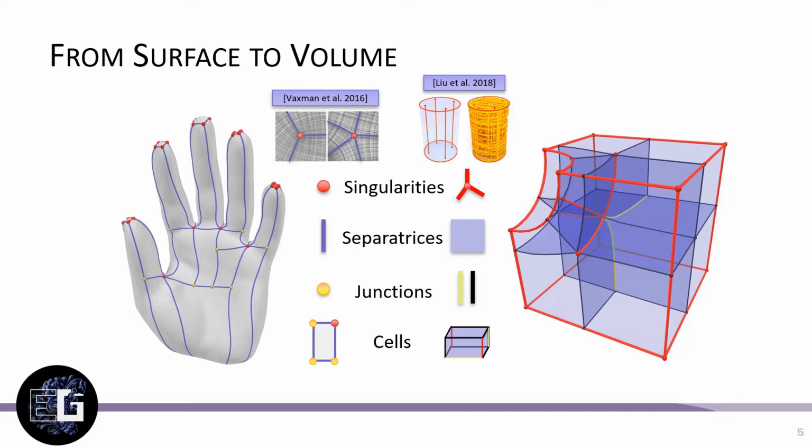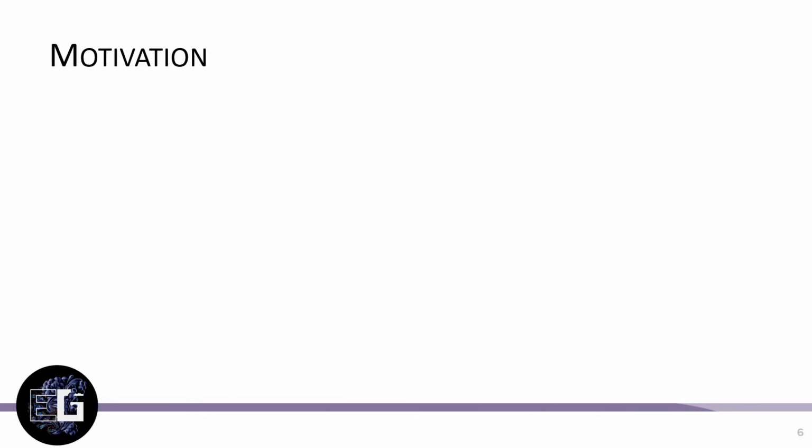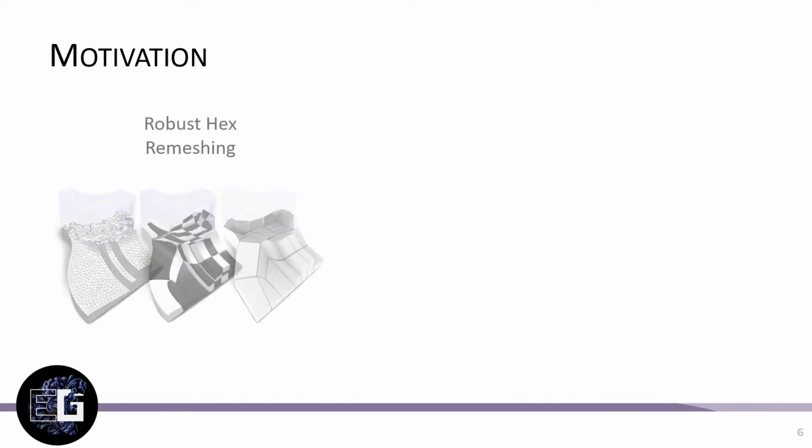Let us now highlight why this generalization is such a valuable thing. Just like motorcycle graphs were used in robust quad mesh generation, we will show how to use the motorcycle complex for robust hex remeshing. Furthermore, the motorcycle complex can be employed for the structural optimization of hex meshes.